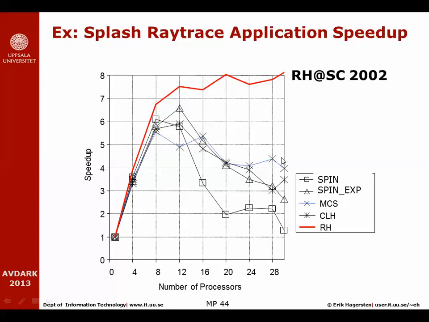It's dominated by this critical region, and since the overhead of handing it over is so high, they lose performance. So Zoran's algorithm, the RH algorithm, managed to not just go flat, but actually still get some performance above that. And then he designed yet another algorithm for a different conference, and that managed to do slightly better. So contrary to what your mom told you, being unfair is not always a bad thing.